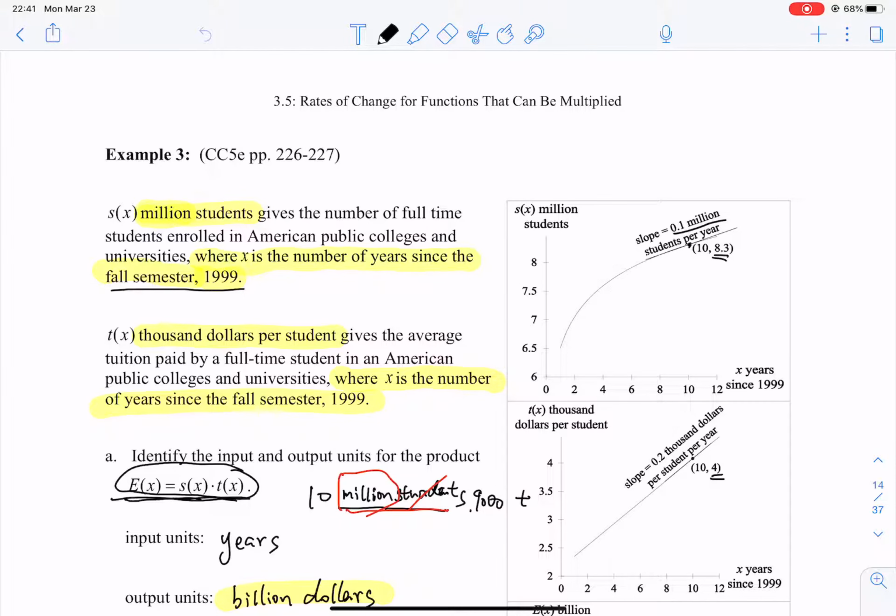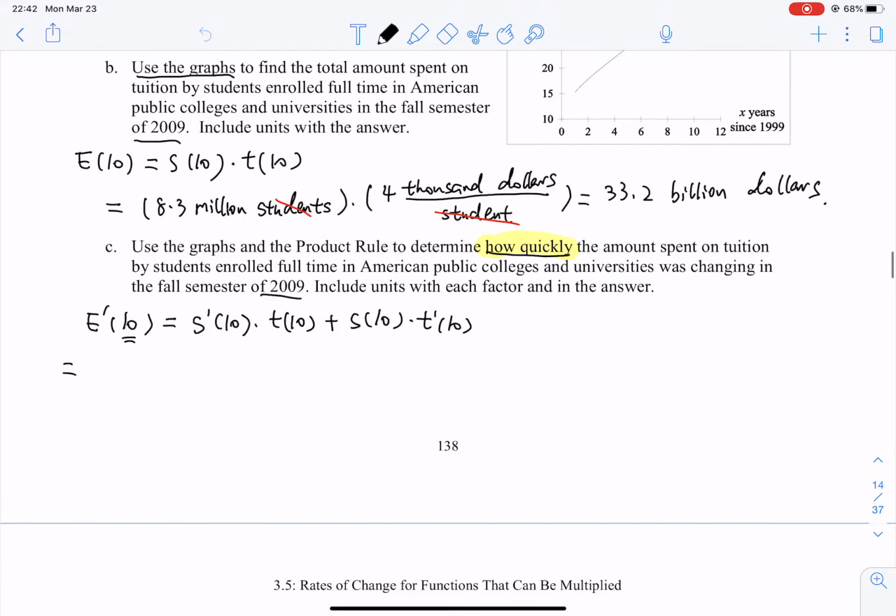And the unit is output unit per input unit. So the output unit is million students, input unit per year. So it is just million students per year. So this is our S prime of 10, then this is 0.1. Unit is million students per year.